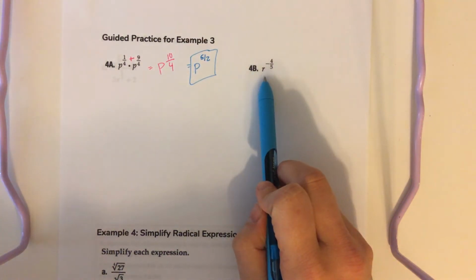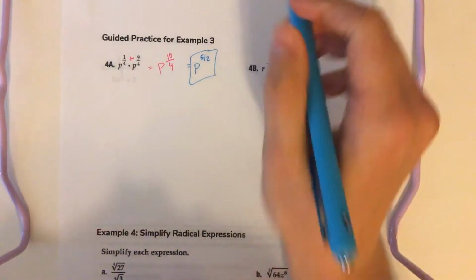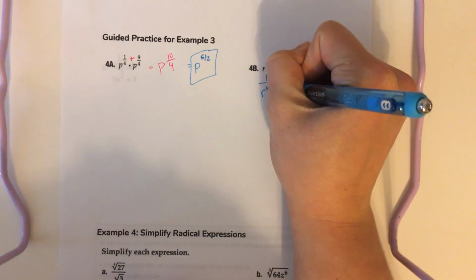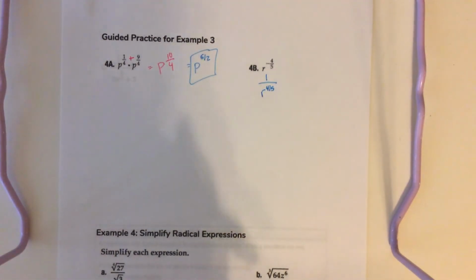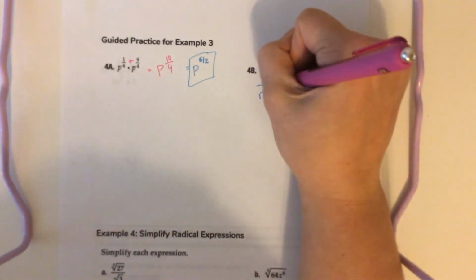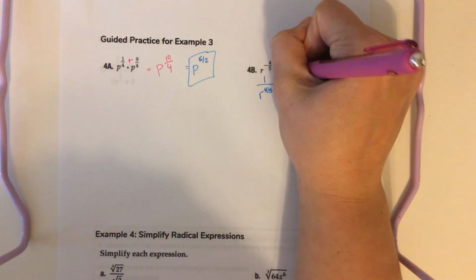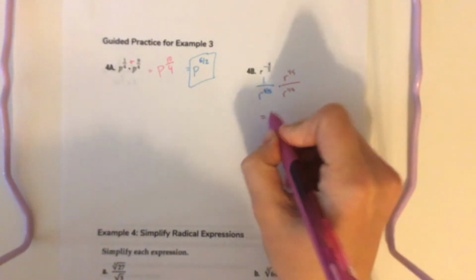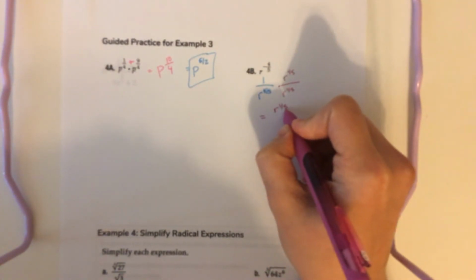This is just like the second part of the last example we just did. I'm going to start by getting rid of that negative exponent by putting it in the denominator. Then I see, to make this a whole number, I'm 1 away from making this 5 over 5. So I'm going to multiply the top and the bottom by r to the 1/5 power. I'll multiply across to get r to the 1/5 in my numerator.